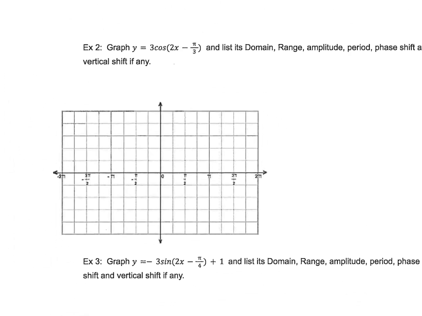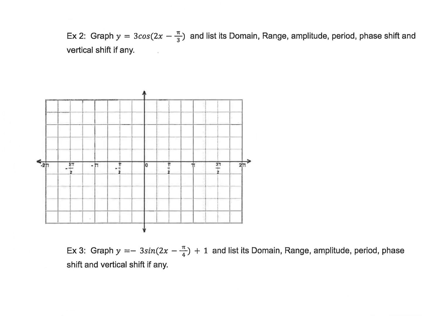Now let's do a cosine. It says graph y equals 3 cosine of 2x minus pi over 3. All right, everybody start by listing A, B, C, and D. Do that now.